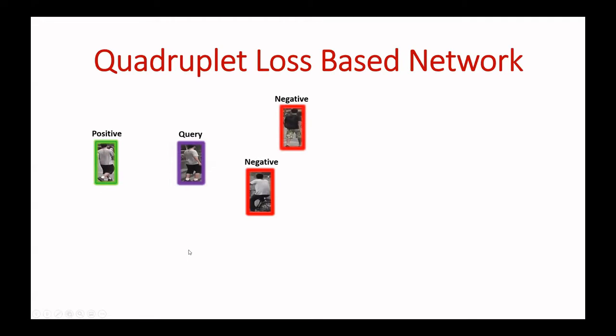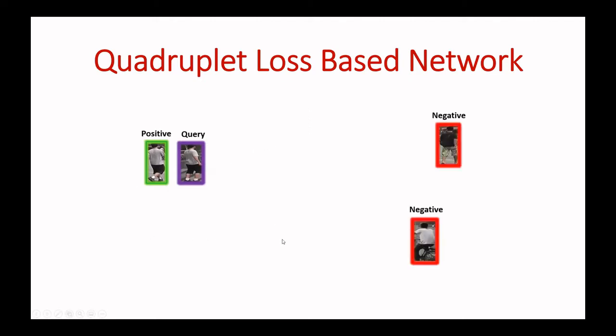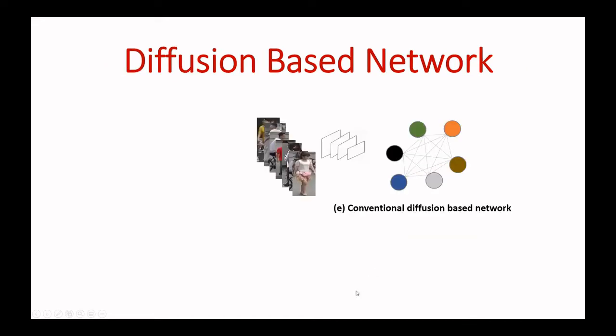Then there's also a quadruplet loss, where instead of 3, we have 4. We have the positive example, then the query, then 2 negatives. Same idea: we want to learn features so that the query becomes close to the positive and the negatives are pushed away. And you don't have to limit to 3, 4, or 2. You can have any number of these images.